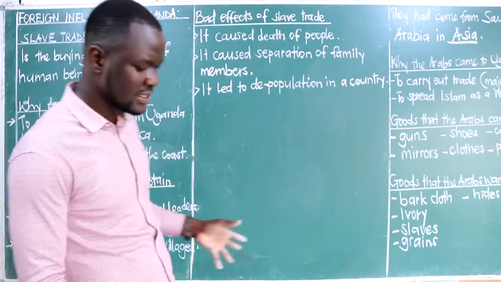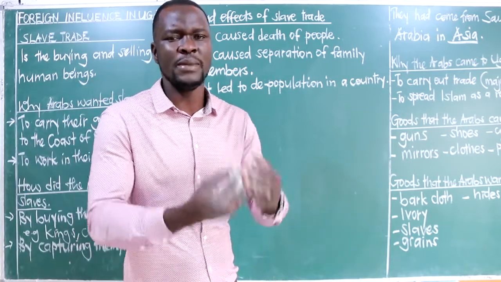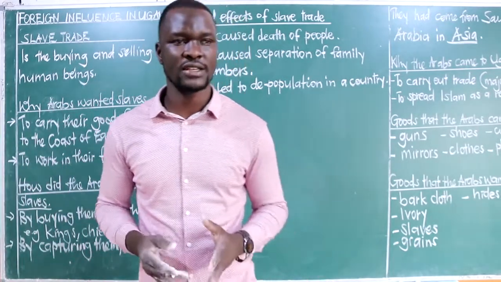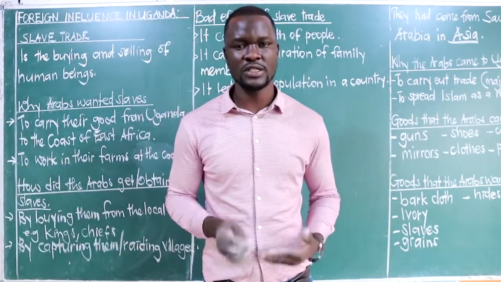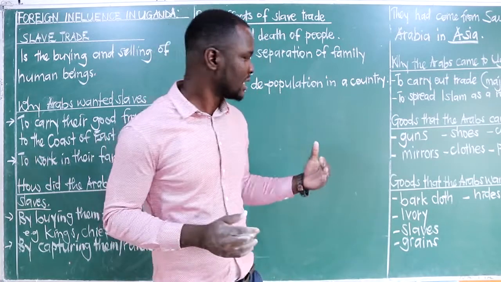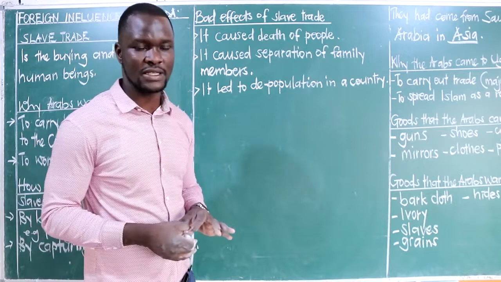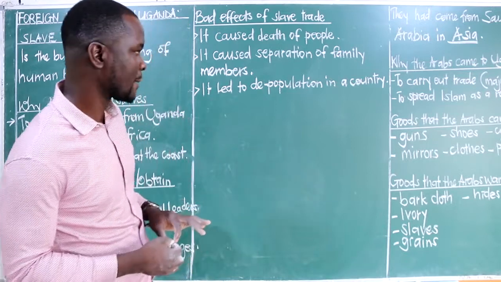So for this case, we shall say, we blame the Arabs. They can ask us that question. Which group of foreigners do we blame for introducing slave trade? Of course, that is the group of the Arabs. They are the ones that brought this act.